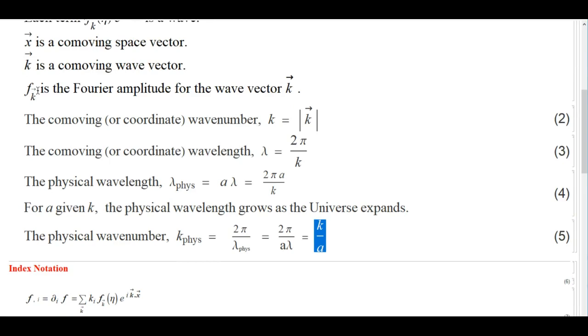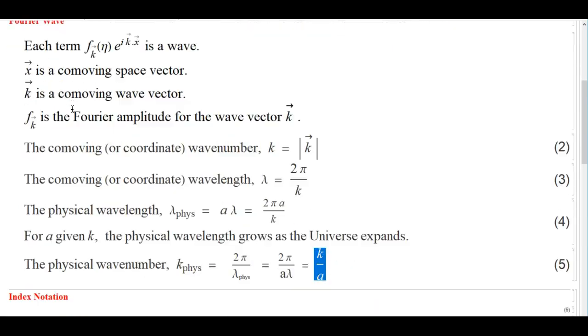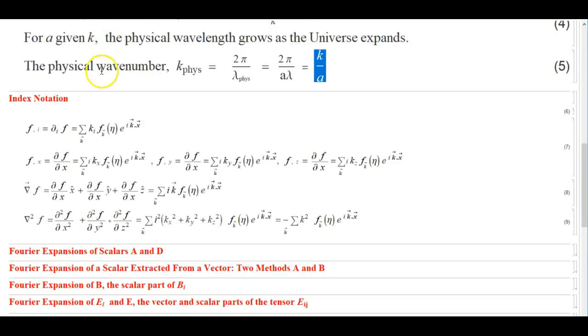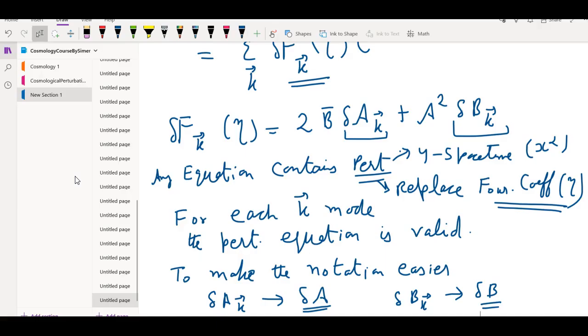Now let us look at some important relationships using the index notation. Again, the font is not clear here, but anyway, I'm going to explain this in writing.